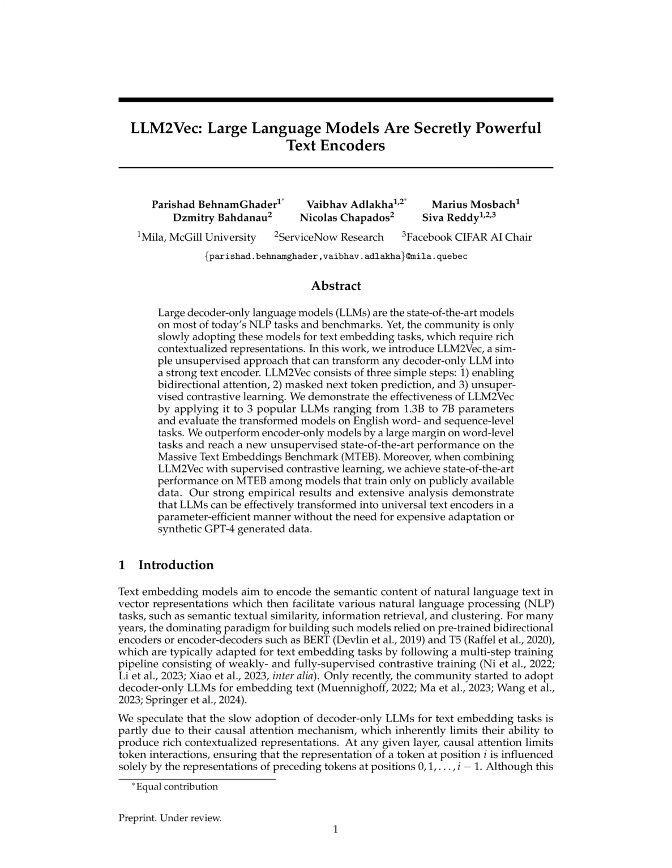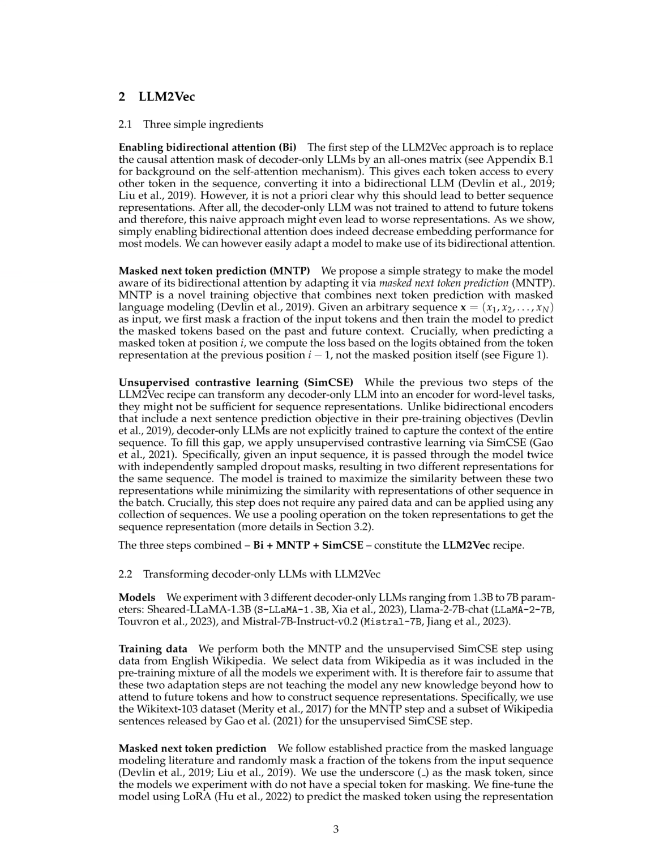Enabling bidirectional attention without any training significantly hurts performance for most models. However, further adapting the models via masked next token prediction (MNTP) improves performance for all models and tasks.